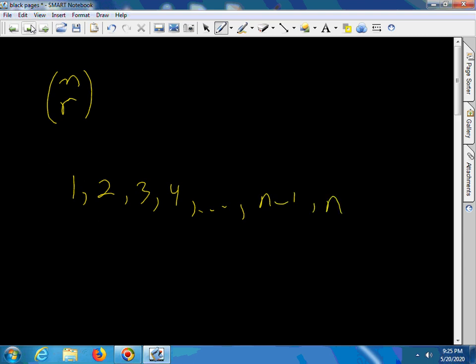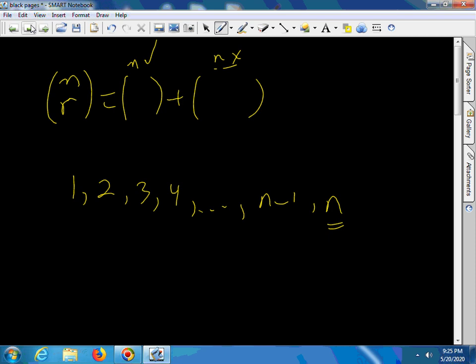Now, I'm going to partition the number of ways of choosing the r objects into 2 disjoint partitions. One where we do pick the nth member, and the other where we do not pick the nth member.